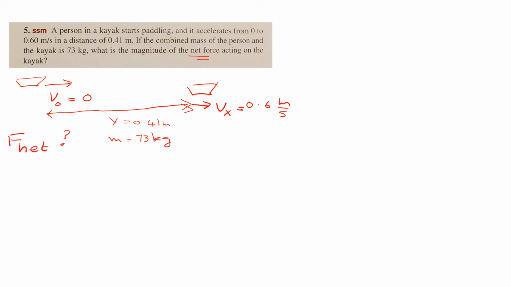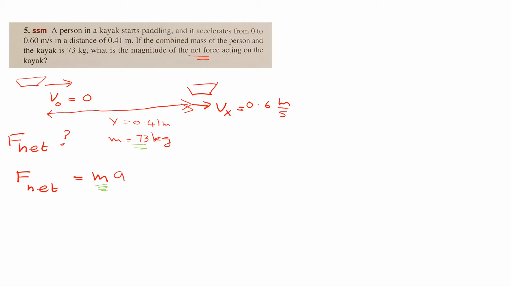From Newton's second law, we know F net is equal to mass times acceleration. So now we need to check: do we know the mass? Yes, mass is 73 kilograms.